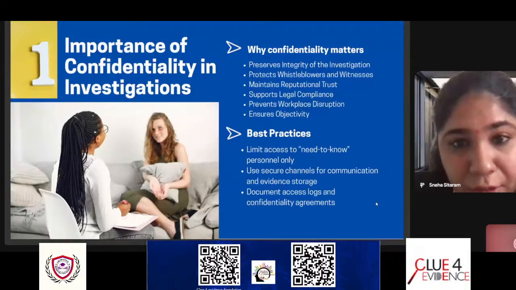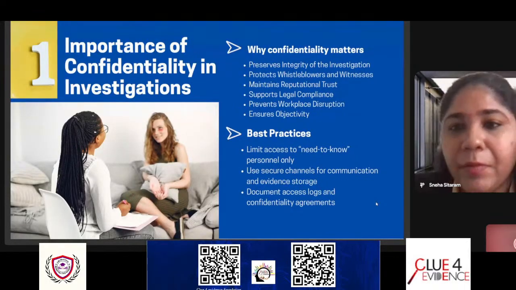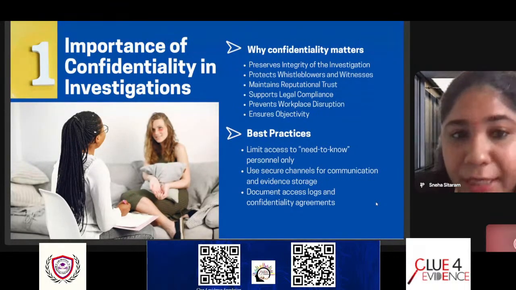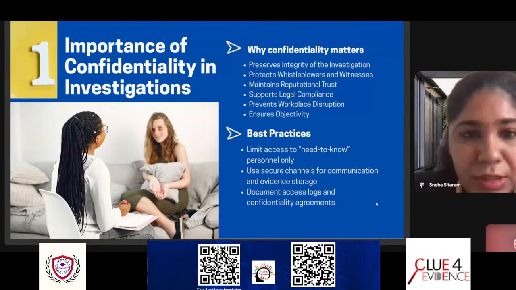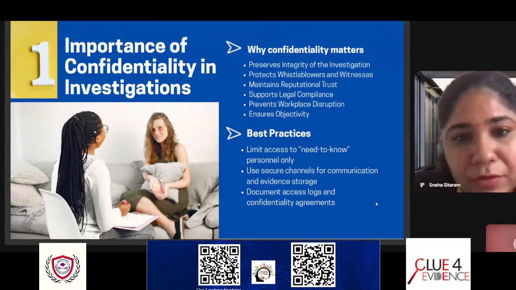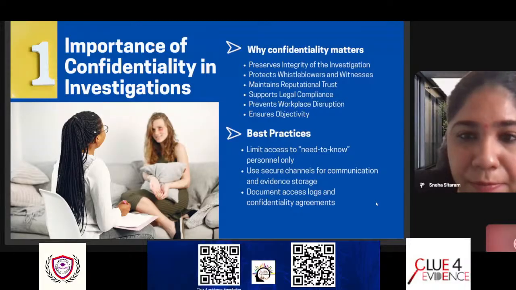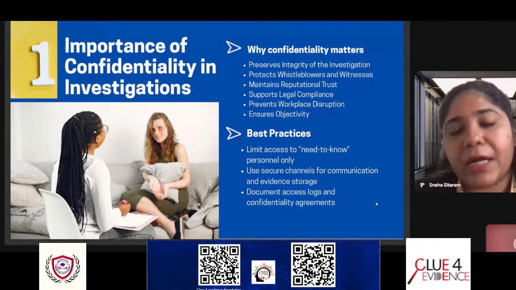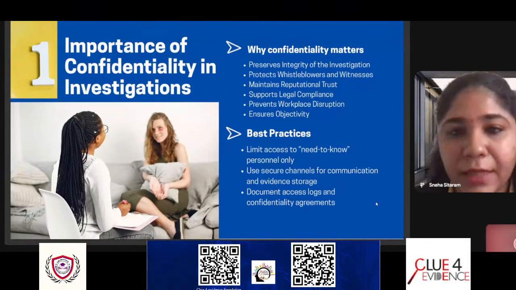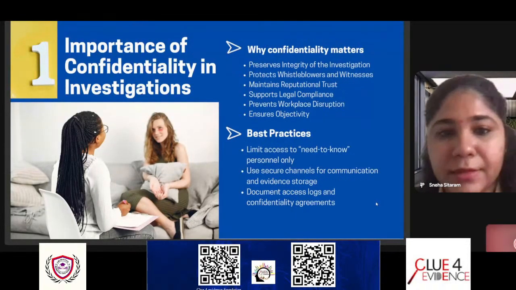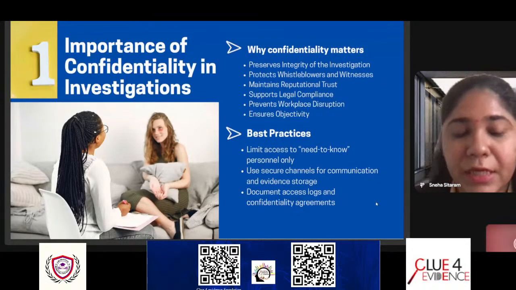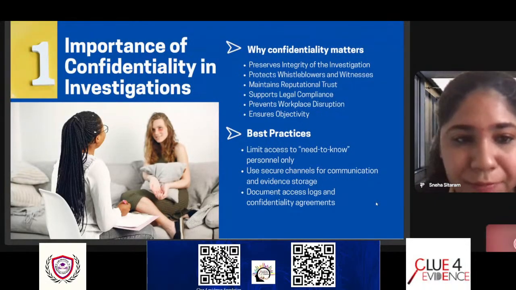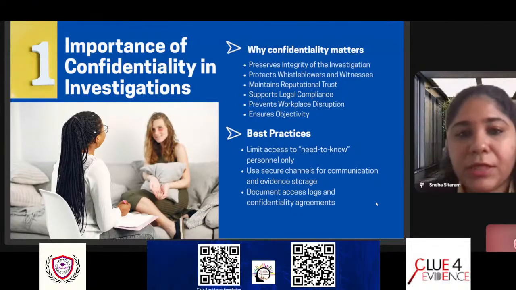Protecting the whistleblower or the reporter or the witnesses is very, very important, because it can turn into retaliation against them, and it will have really bad consequences on them. Apart from that, legal compliance, which we have spoken about, and the workplace also should not get disturbed, because if there are gossips going around in the organization involving these names, that can actually disrupt the workplace as well. So these are some of the important points.